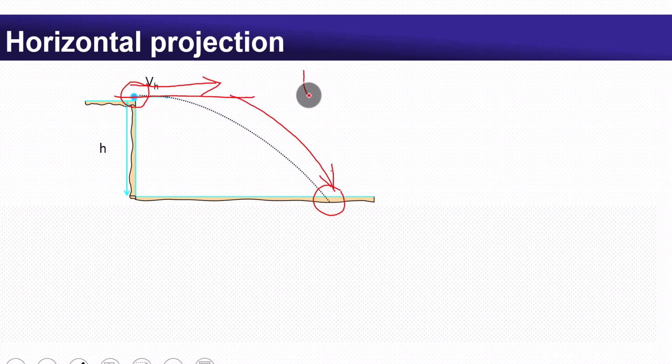So u in the y will always be 0 for horizontal projection. But the v in the y will not be 0, it will be some value that we don't know. So always in projectiles, you have to remember that you consider the motion of the particle in two directions, the x and the y direction.